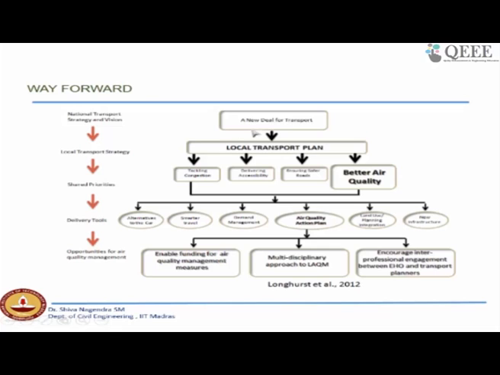So, what is the new deal for transport? The local transport plan. You can think of a local transport plan. First, you should tackle traffic congestion. If you recollect, the air quality is not very bad across the whole city, and you also notice that the whole city is not congested.